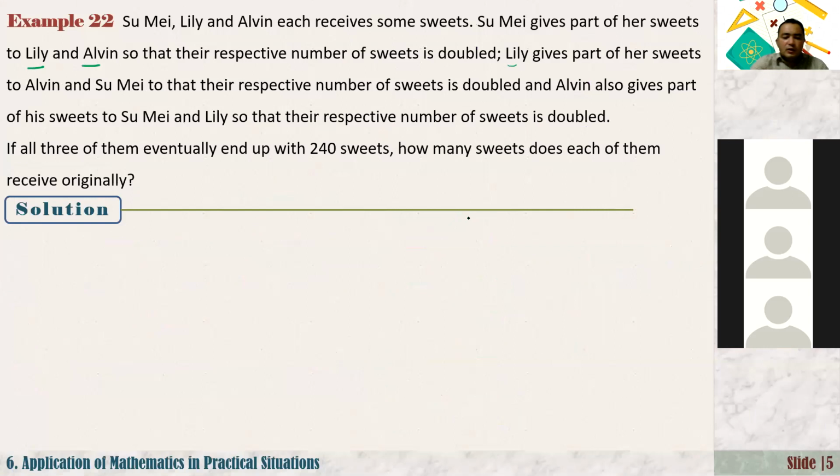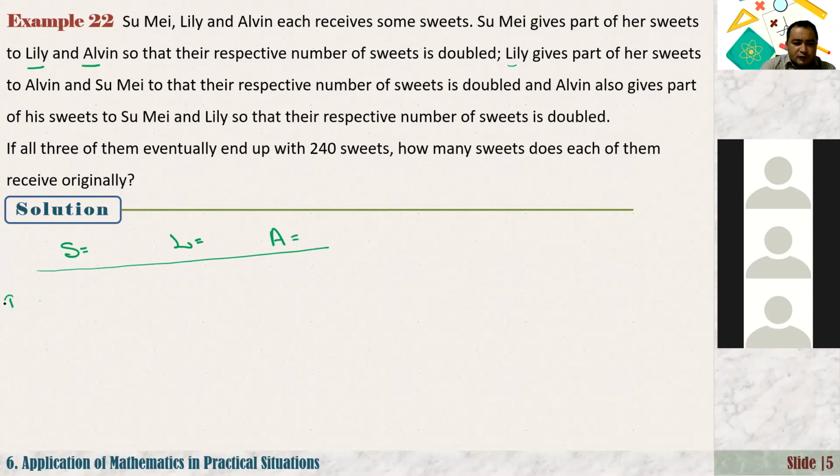Number one, let me make a table about Sume, Lily, and Alvin. Originally, how many sweets they have, we don't know. We're going to find that out.